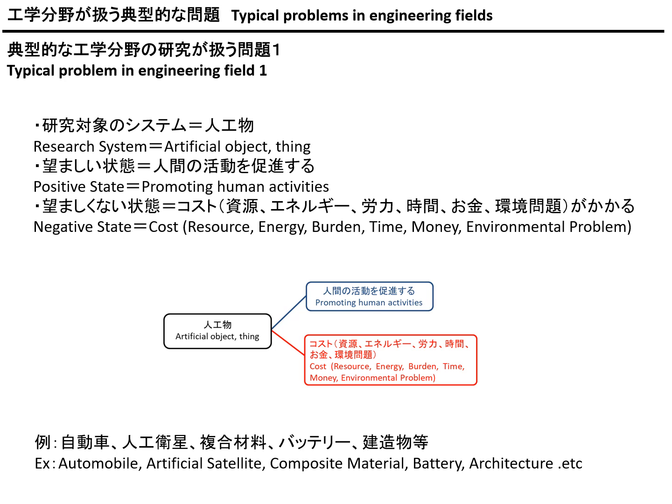So I think typical examples of this category of research system are automobiles, artificial satellites, composite material, battery, architecture. This is what I mean by artificial object here.